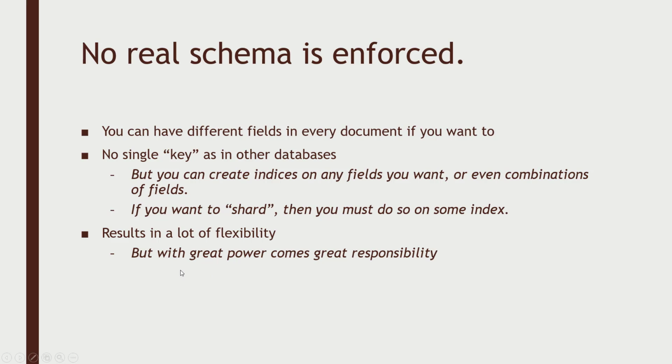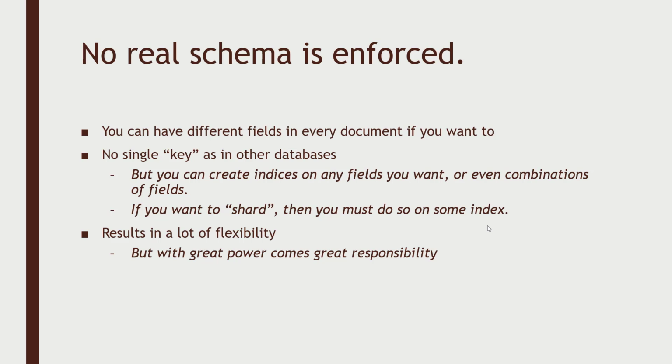So with MongoDB, you have a lot of flexibility in what you can store in it, but with great power comes great responsibility. Just because you can shove whatever you want into MongoDB doesn't mean you should. You still need to think about what queries you're going to be performing on this database and design your database schema accordingly. So make sure you think about what indices you might need for fast lookups for the queries you're going to do.